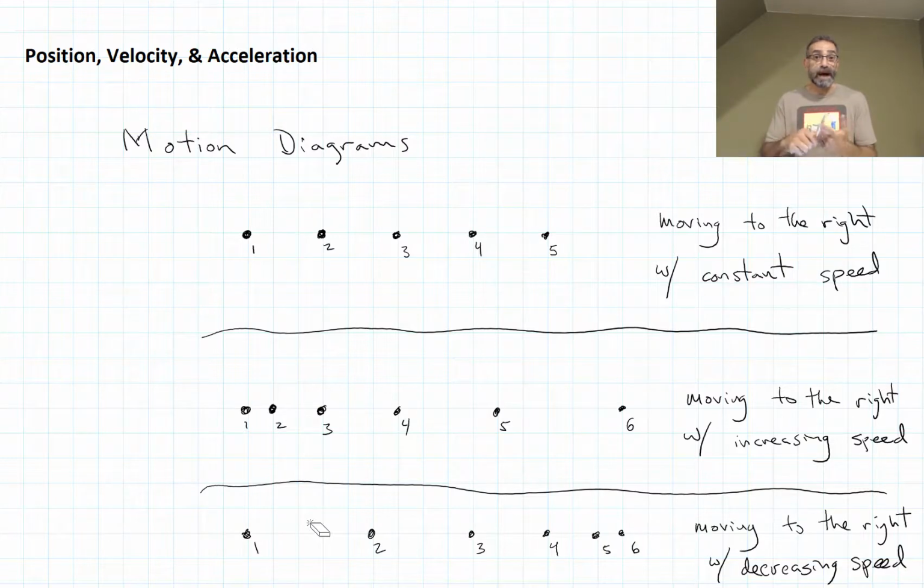I might say robbery and burglary to mean the same thing. But if you ask a lawyer in a court of law, they would probably tell you there's a difference between those 2 words. In everyday usage, we might use acceleration to mean speeding up, but in physics class, we know it means the velocity is changing. It doesn't have to be speeding up. It just has to be changing.